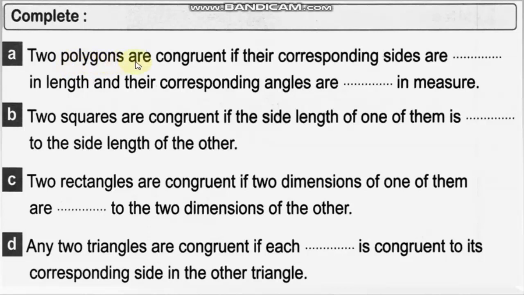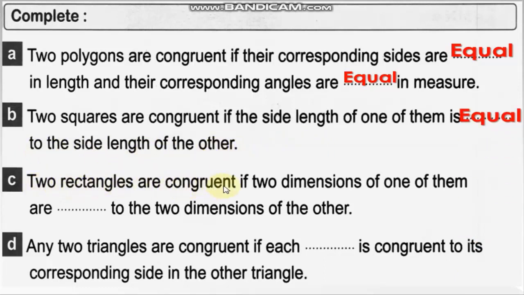Complete. Two polygons are congruent if their corresponding sides are equal in length and their corresponding angles are equal in measure. The two squares are congruent if the side length of one of them is equal to the side length of the other.